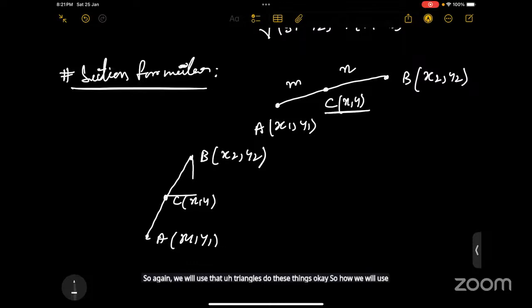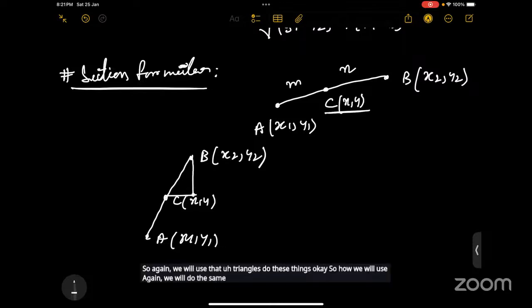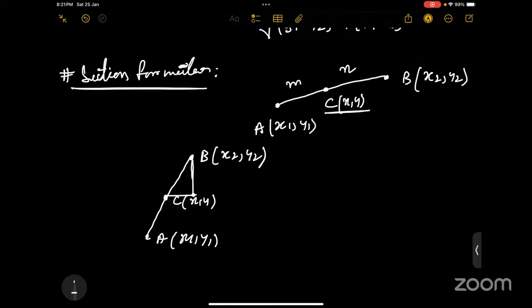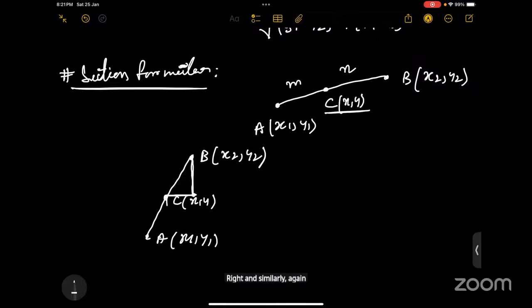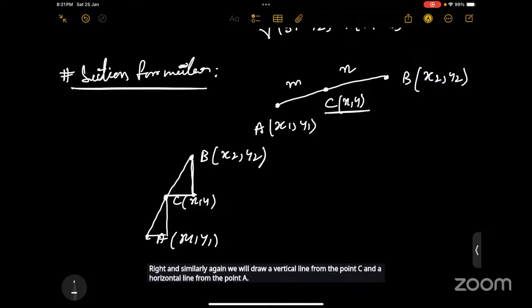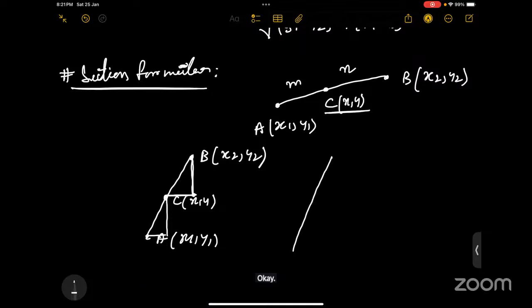Again we will do the same thing. We will draw a vertical line from the point B, and we will draw a horizontal line from the point C, right? And similarly, again we will draw a vertical line from the point C and a horizontal line from the point A. Okay, so we have this scenario now.